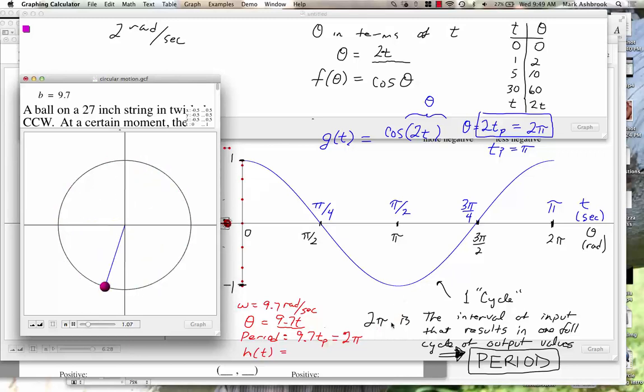So what is that, like 0.648, if I remember that right? Okay, so if we're spinning at 9.7 radians per second, then our period is 0.648.